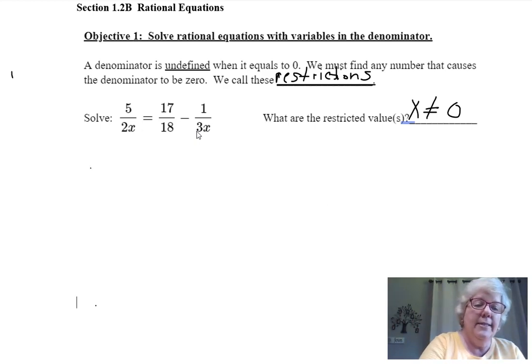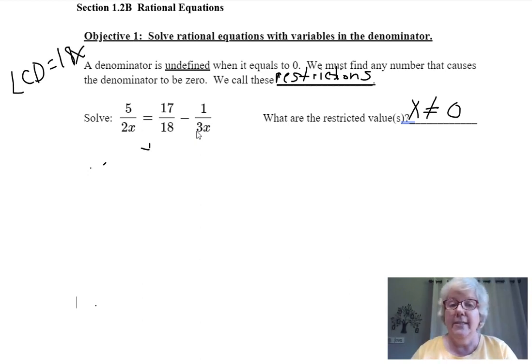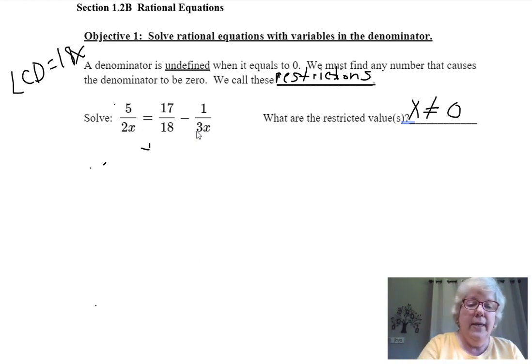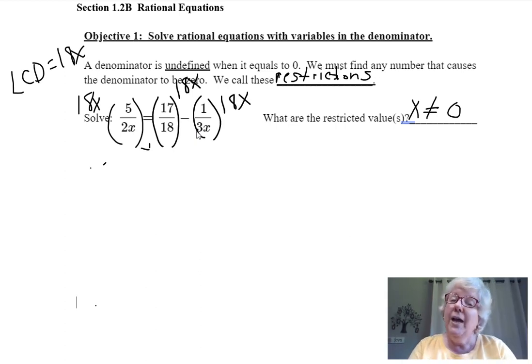So let's go ahead and say our least common denominator is an 18 along with the value x, since there is an x in the denominator. What I will do is I will put 18x beside each term in this equation. That's my least common denominator. I will not keep it though.